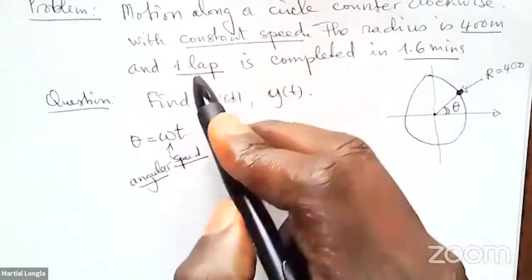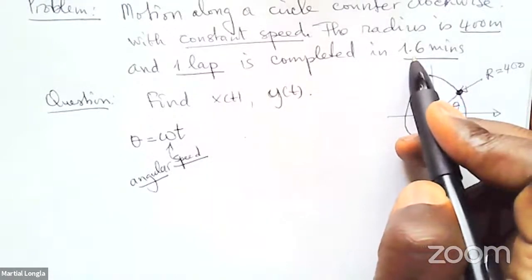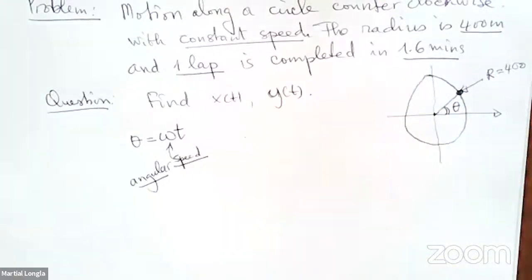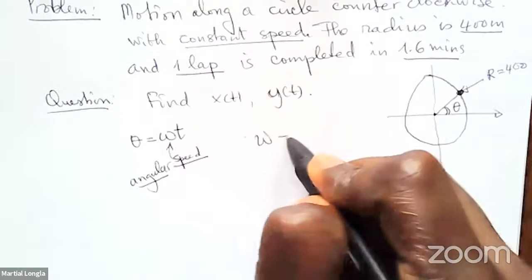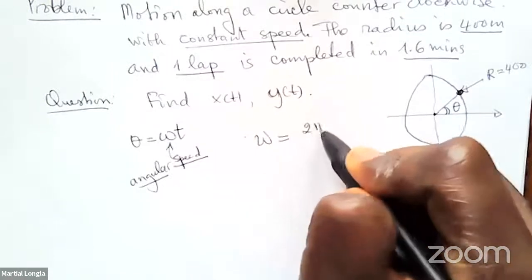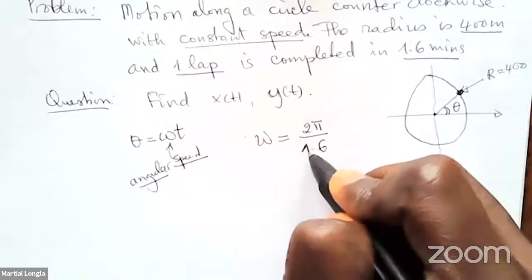Because one lap is completed in 1.6 minutes, omega will be 2 pi over 1.6.